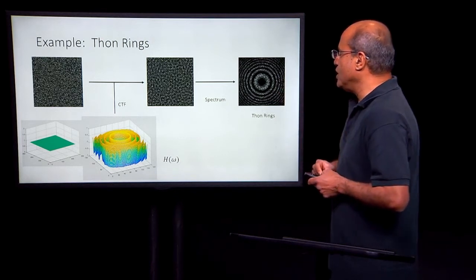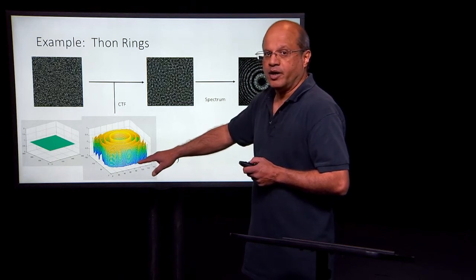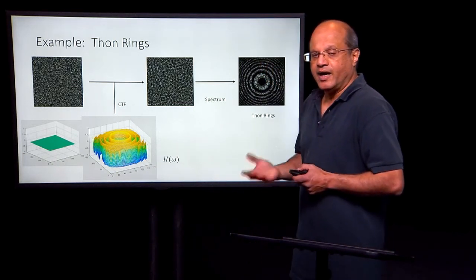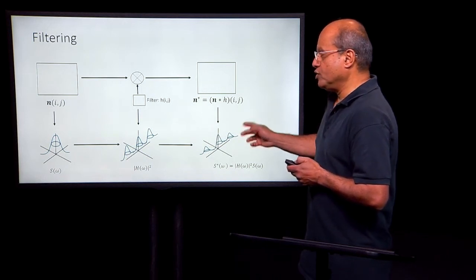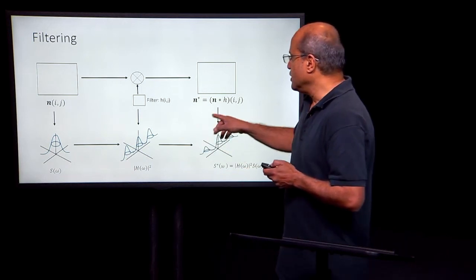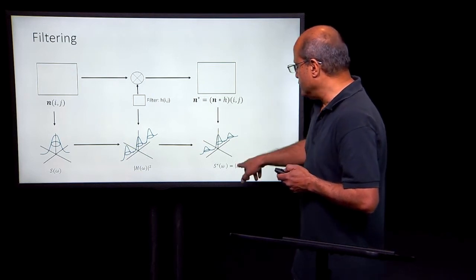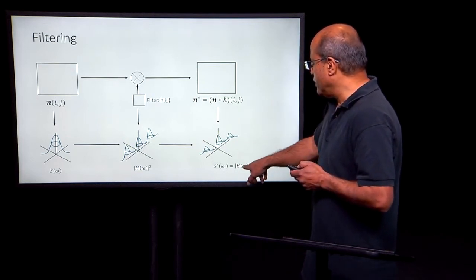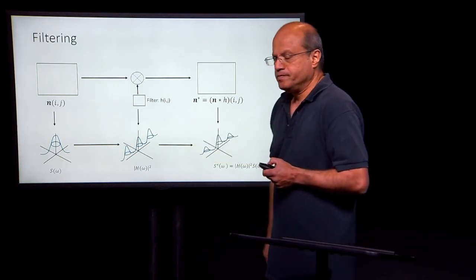So Thon rings tell you something about the contrast transfer function of your microscope. It's a direct consequence of a property of stationary noise: the spectrum of filtered noise is just the spectrum of the original noise multiplied by the magnitude square of the filter.